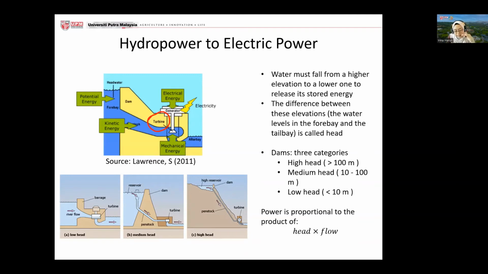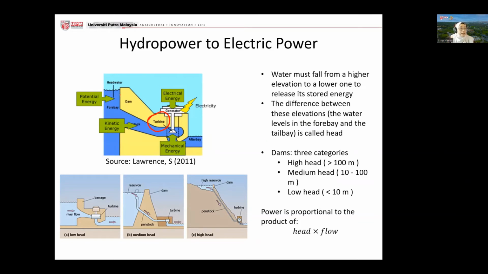That's the amount of energy that can be made use of to turn into electricity.